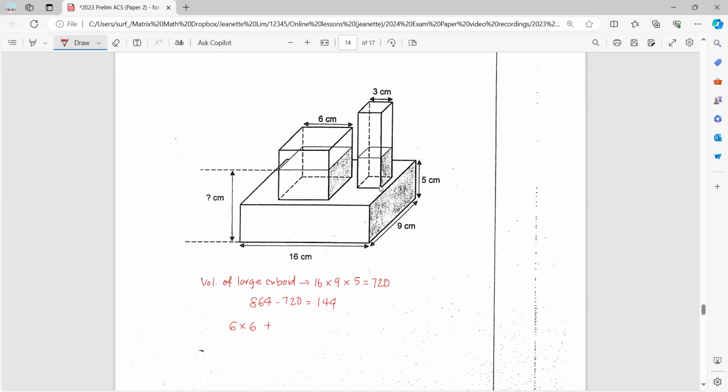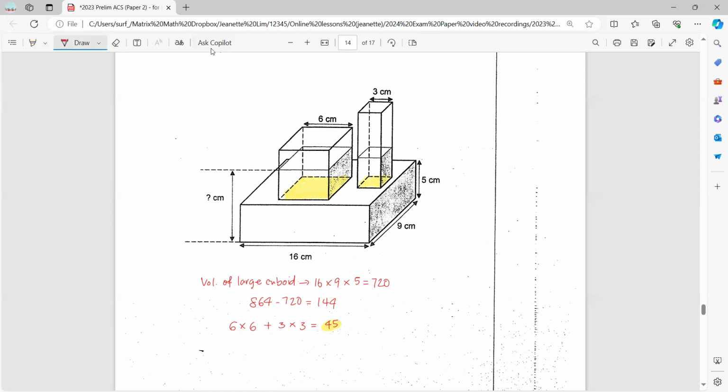So 3 times 3, which is 45. So the base area here and here is 45. How do you find the height?